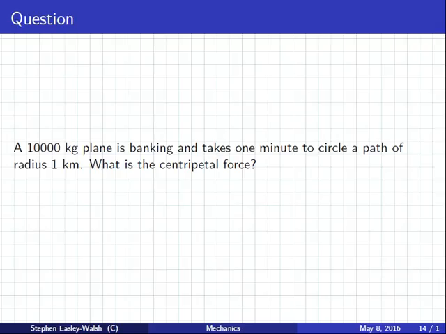This is the plane, and banking is when one side goes down so it can turn. Now, write or draw.